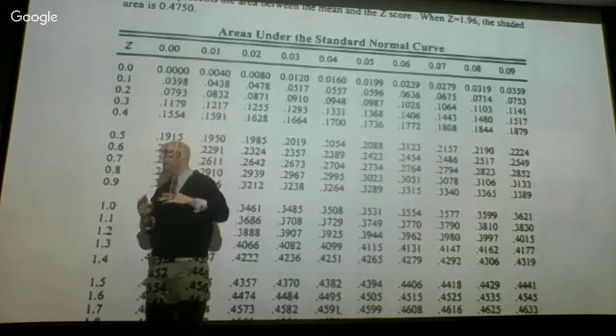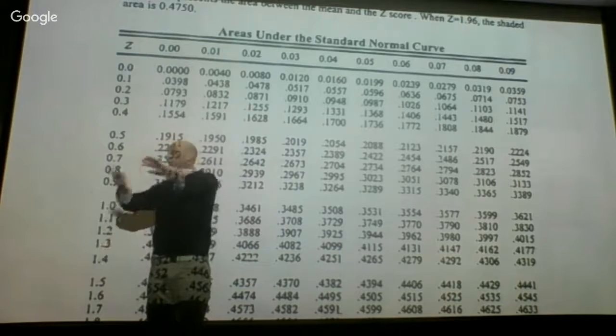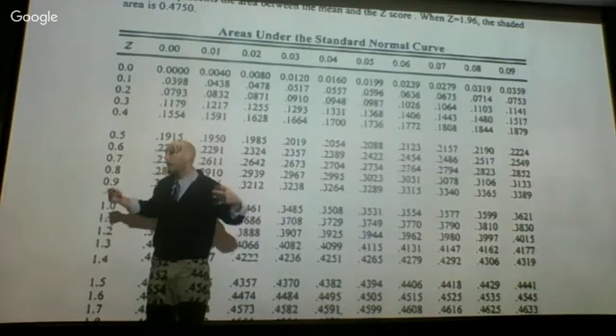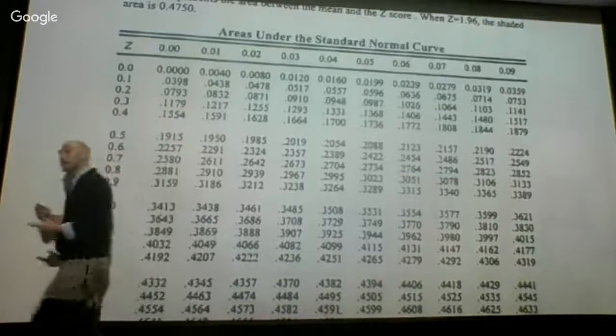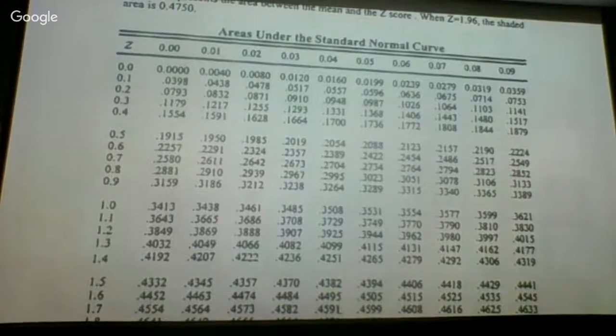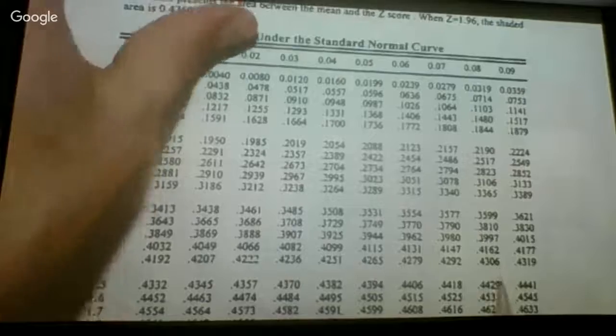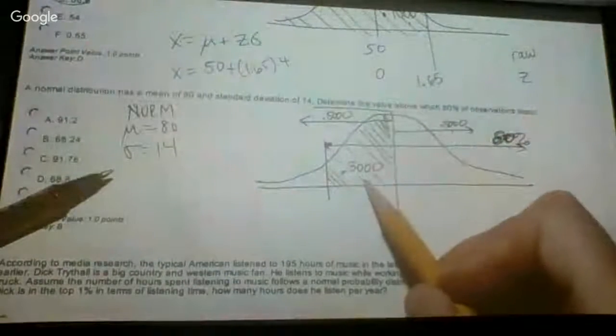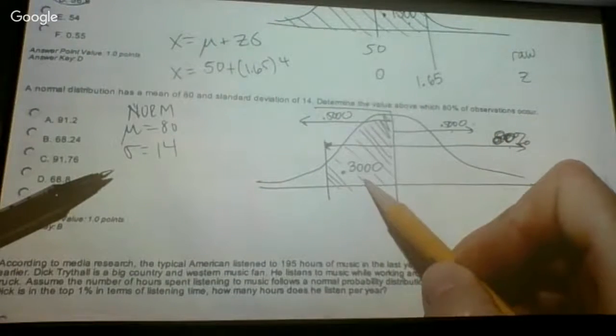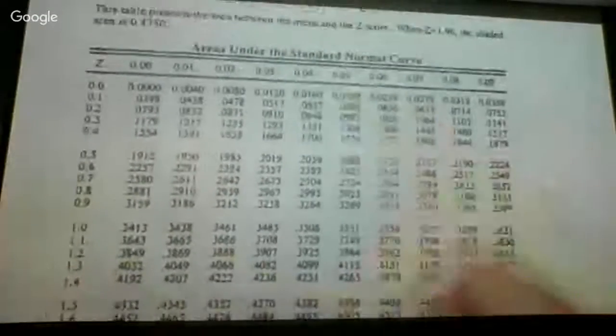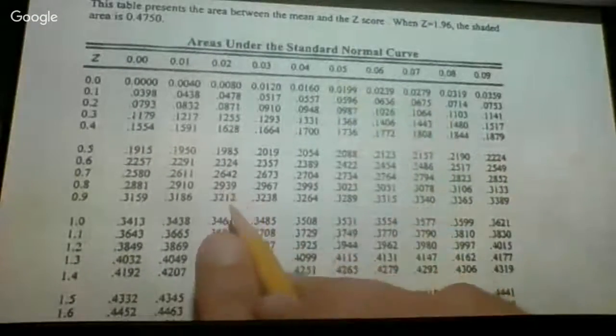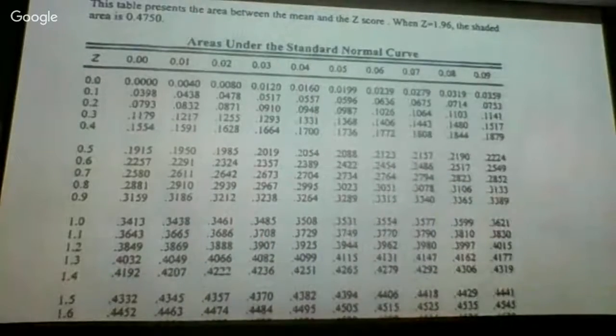On a Z table, the Z scores are on the outside. The areas are on the inside. In our picture here, the area of 0.3000 is on the inside. So we need to find an area of 0.3000 on the inside, then go out to find the Z-score.